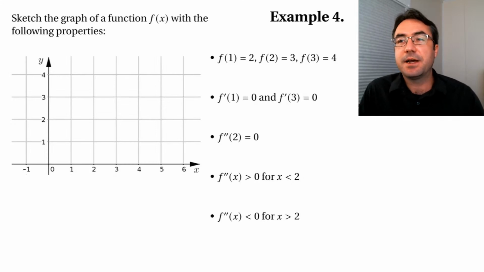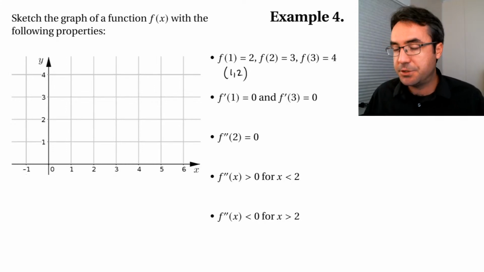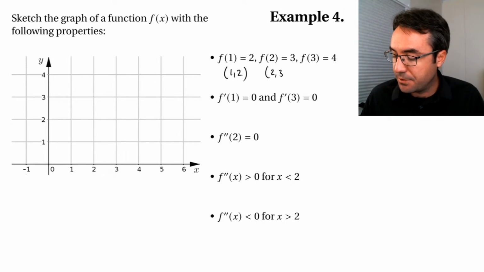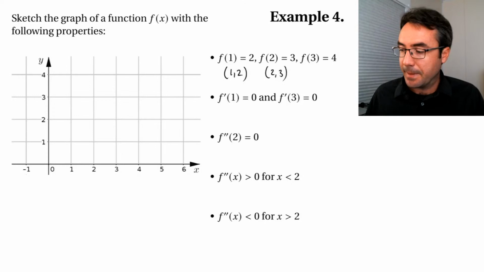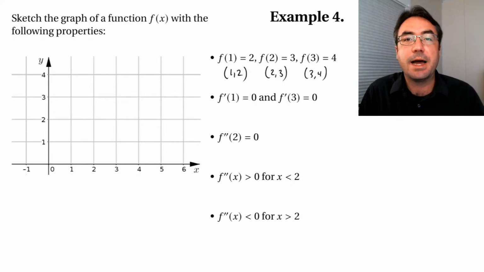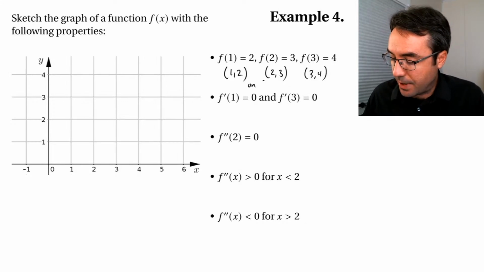And those are just telling us various points on this curve. The first one tells us (1, 2) is on our graph. The second one tells us (2, 3) is on our graph. And the third value gives us a third point, (3, 4) is on our graph. So all of these are on the graph.